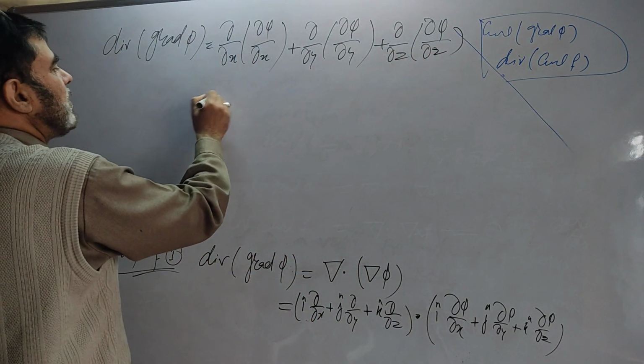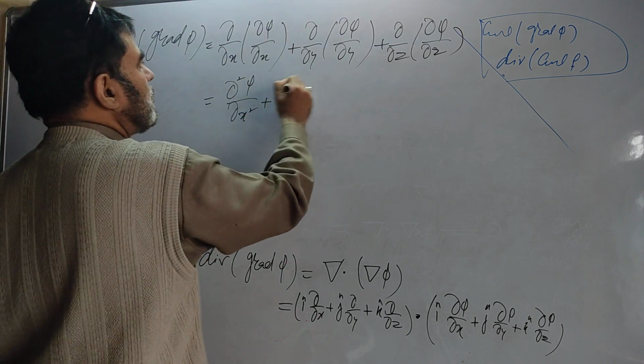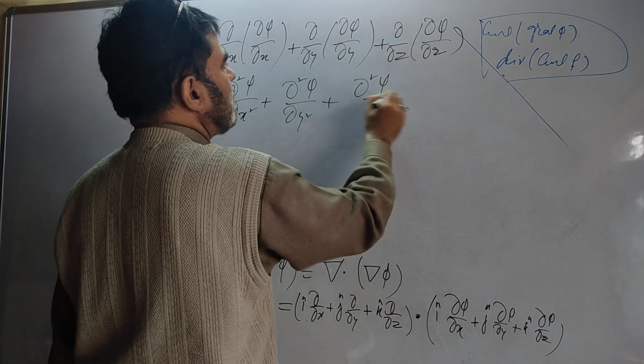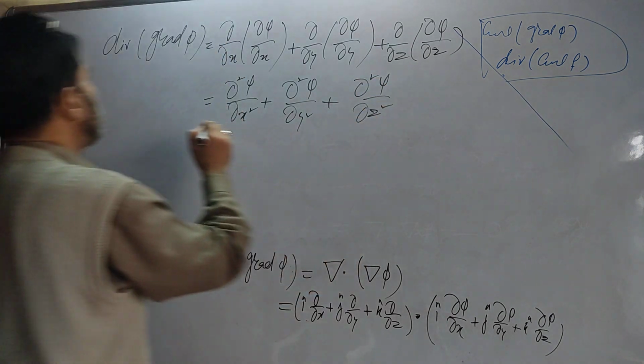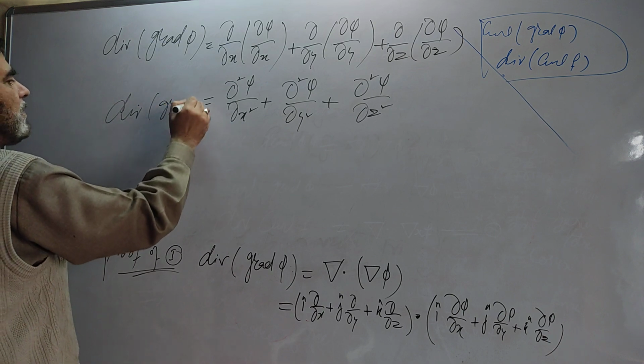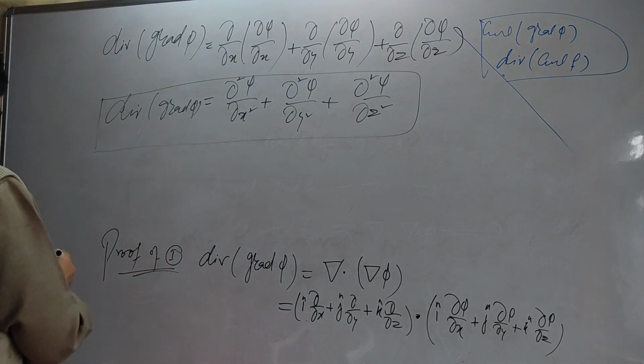What is this? It is dou 2 phi by dou x square plus dou 2 phi by dou y square plus dou 2 phi by dou z square. This we proved: the divergence of gradient of phi.